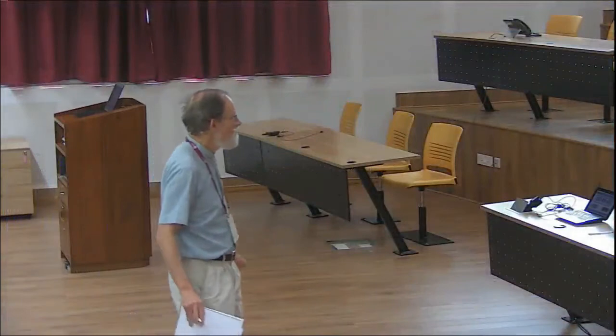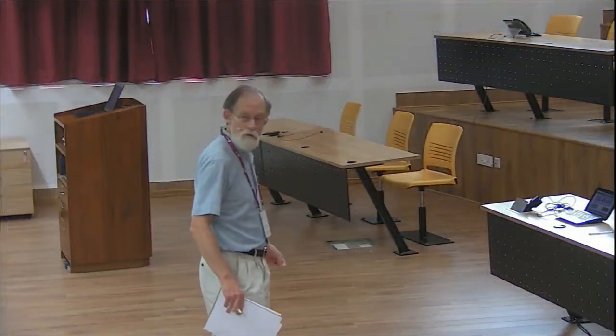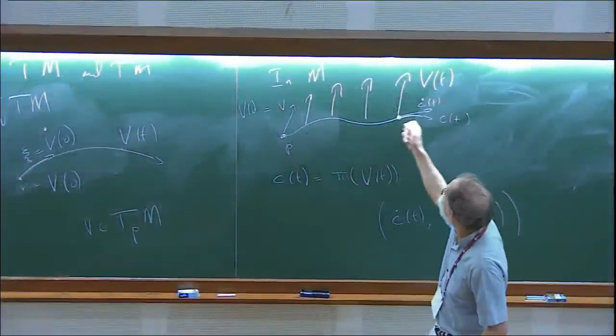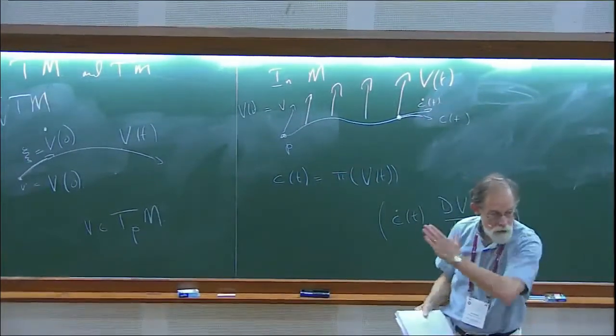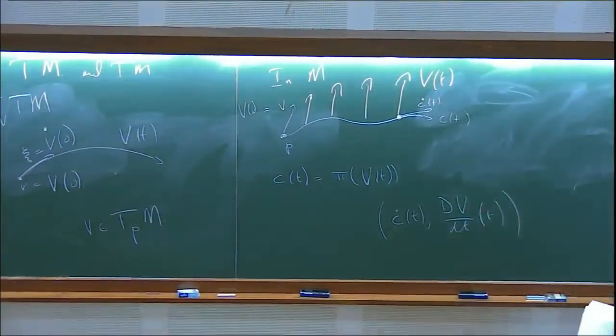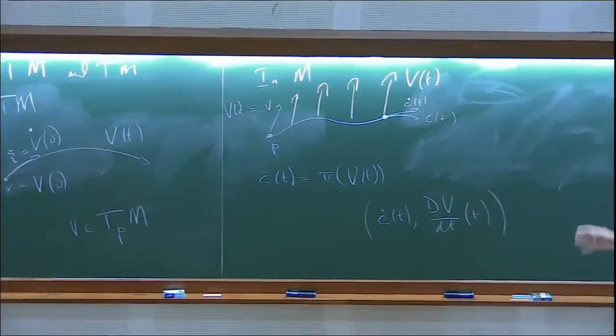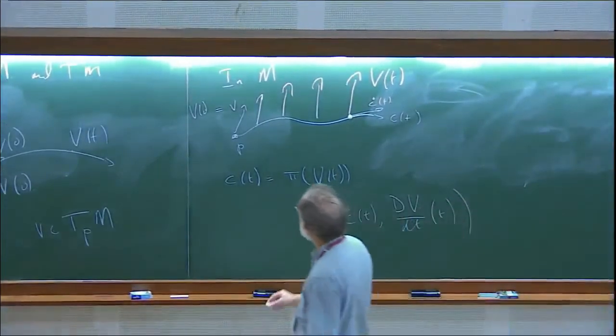So by the way, a vector field along a curve is a curve in the tangent bundle. Just thought about in a more useful way, but they're actually exactly the same thing. And it's conceivable that this curve isn't going anywhere and the vector's just moving around in a single tangent space.